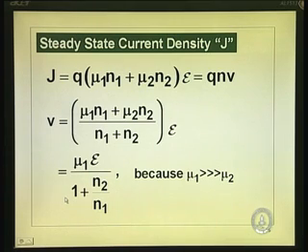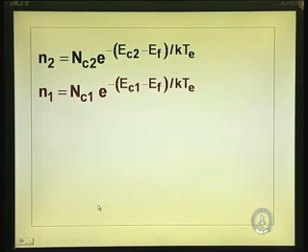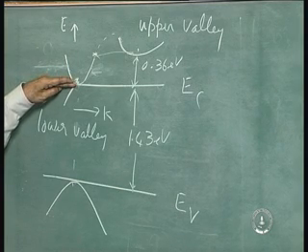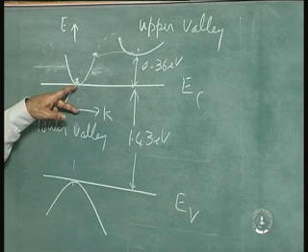Now, velocity versus electric field I can find out if I find the n2 by n1 ratio, that is, the electron concentration in the upper valley divided by the electron concentration in the lower valley. Electron concentration is related to the density of states at that edge. For example, the electron concentration at this conduction band edge is n1 equal to Nc e to the power of (Ec minus Ef) by kT.